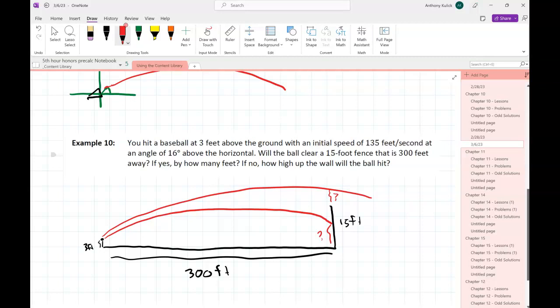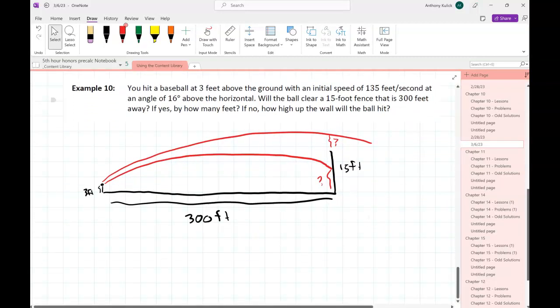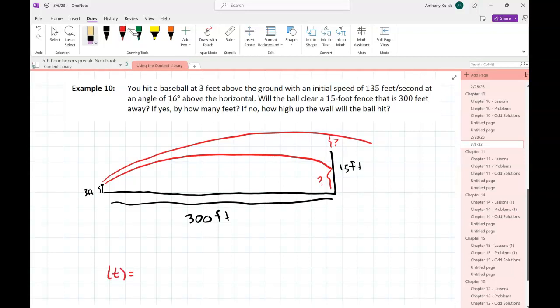Everybody's cool? All right. So let's start by writing our position, or our parametric equation. Are we interested in positions or velocities here? What's the question asking? It's talking about where the ball will be, rather than how fast it's going. Everybody agree? So this is a position function.